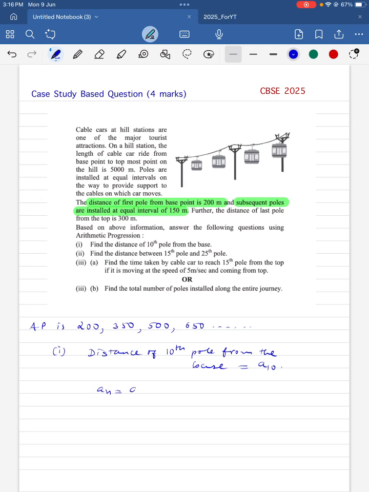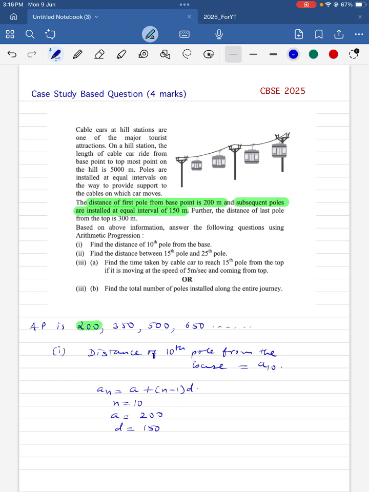An is given by A plus n minus 1 into D, where A is the first term and D is the common difference. Here the value of n is 10 because we are expected to find the 10th term of the AP. The value of A will be the first term of the AP, in this case it is 200. And the value of D is 150. It is 350 minus 200.